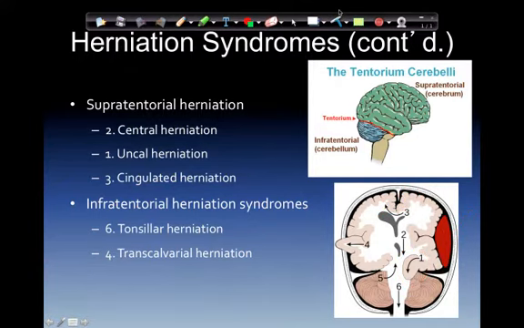Infratentorial herniation syndromes. Tonsillar herniation results from expanding hematoma formation proximal to the cerebellum, so above the cerebellum. Number 6, and then we get kind of a unified movement of the tissue downward towards the foramen magnum. And then 4, transcalvarial herniation, my apologies.